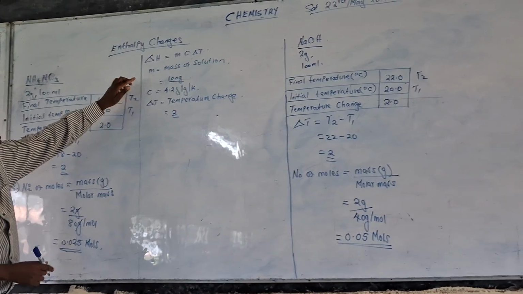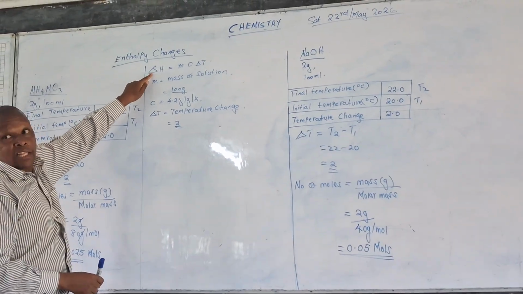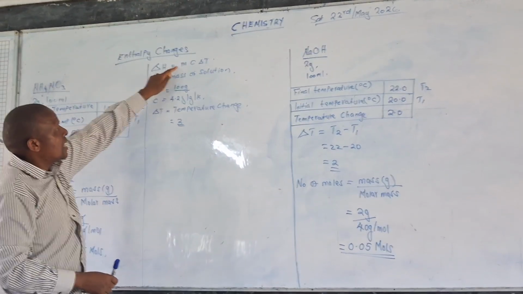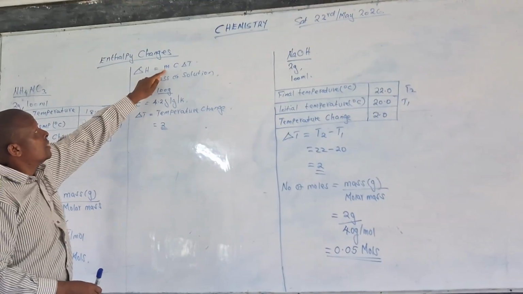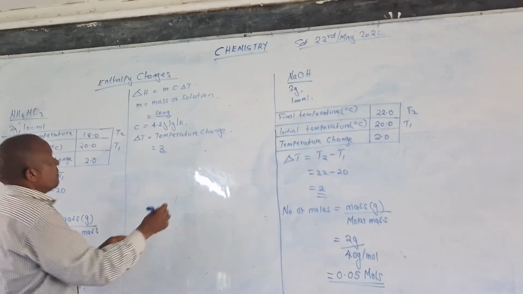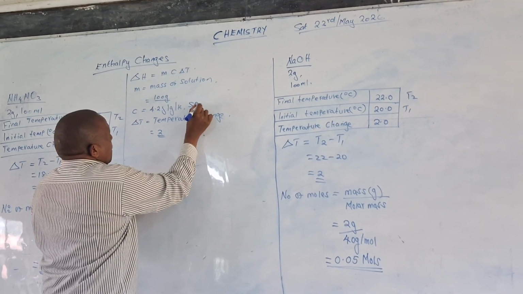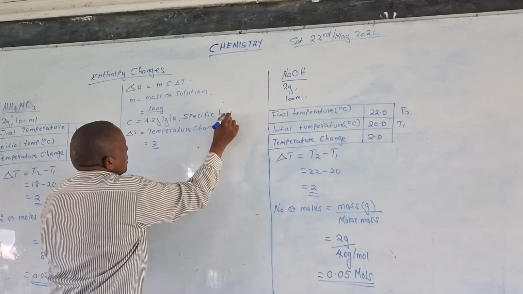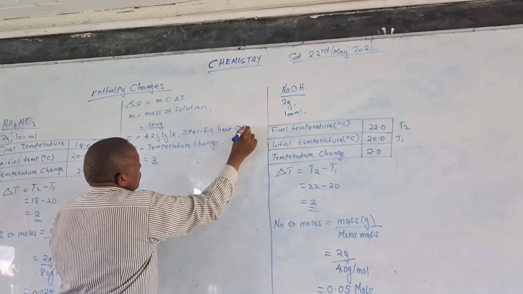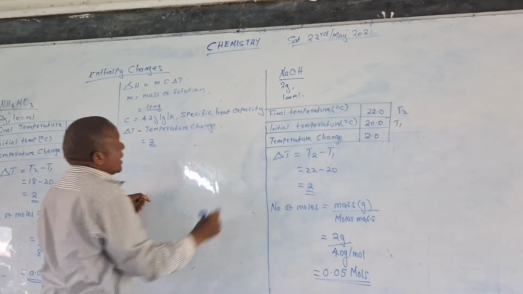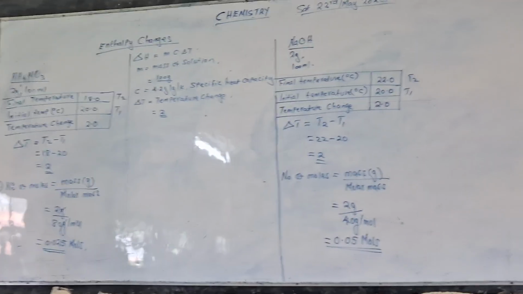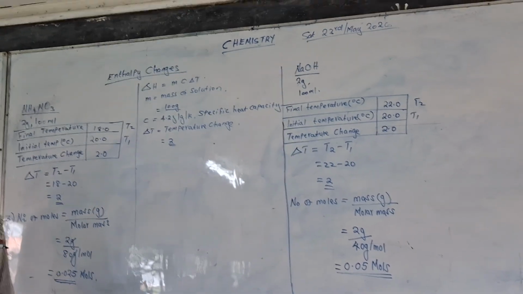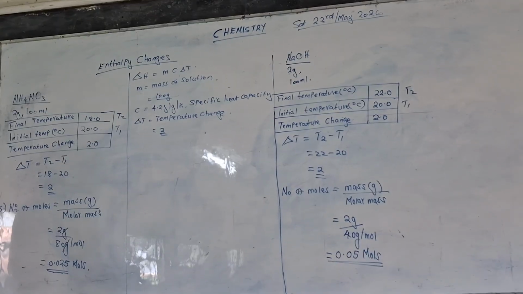And I hope we have said delta H is enthalpy change, which is equal to M, which is mass, times C, specific heat capacity. That specific heat capacity is that of water, which is 4.2 joules per gram per Kelvin.